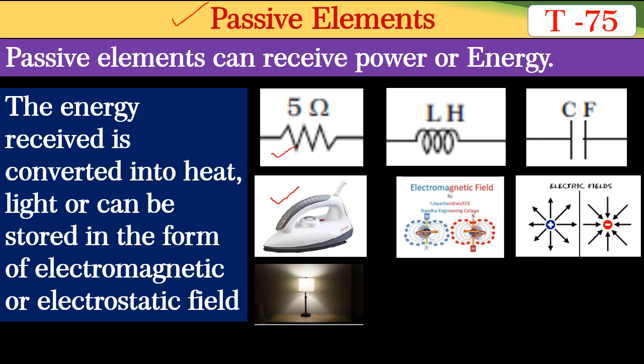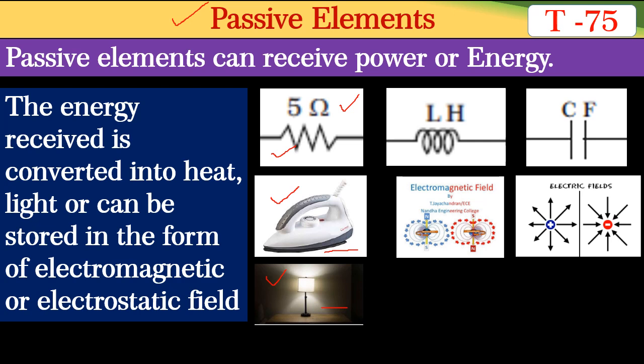If you consider the incandescent lamp, you find that the filament of an incandescent lamp also is a resistance. You see that the energy received by the iron is converted into heat and the energy received by the incandescent lamp is converted into light.